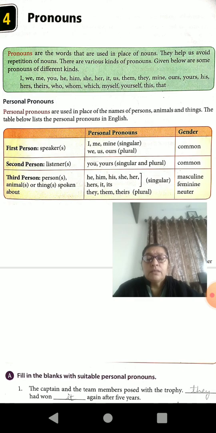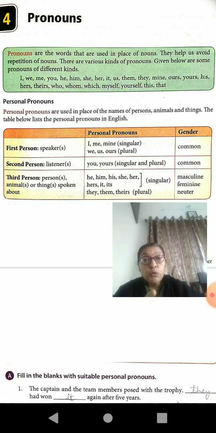Here, the table below lists the personal pronouns in English. Do you know, in grammar, singular and plural. In singular and plural, first person is I. We, it's plural. I, we.